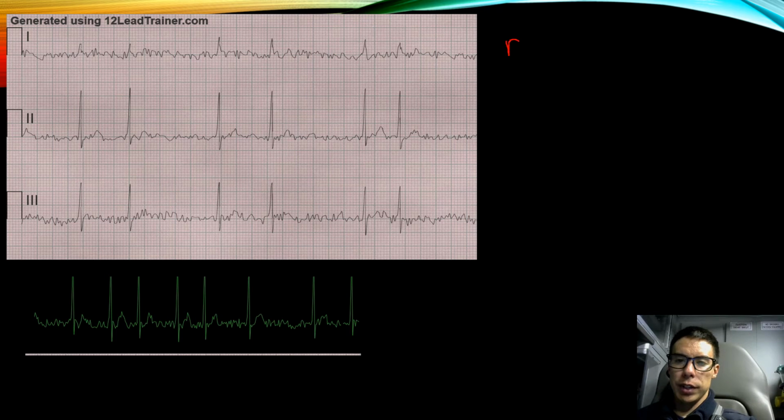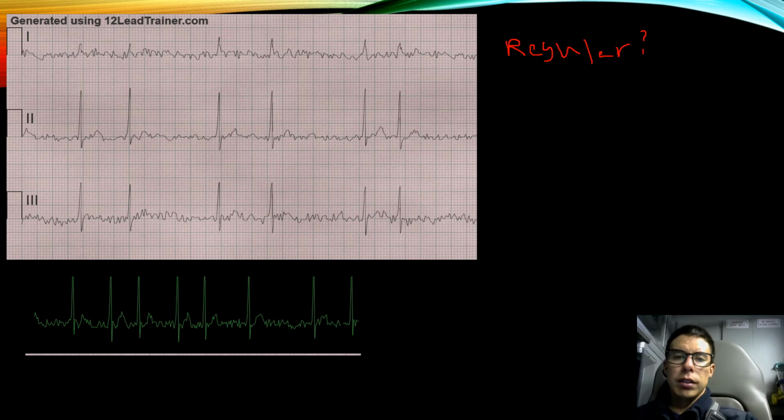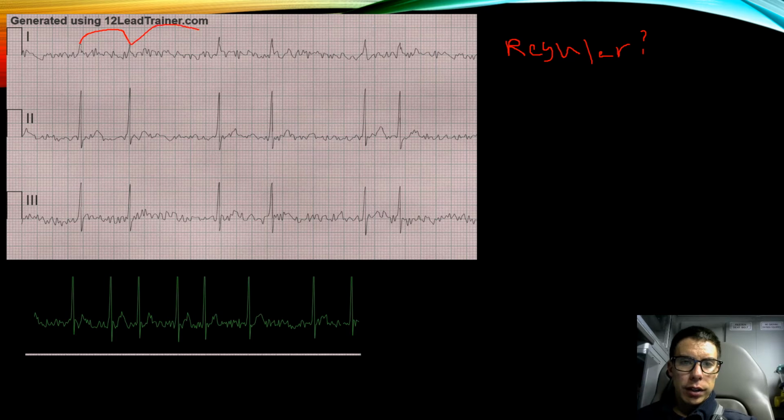So our first one is regularity. Alright, so our intervals. There, there, there, there, there, and there.